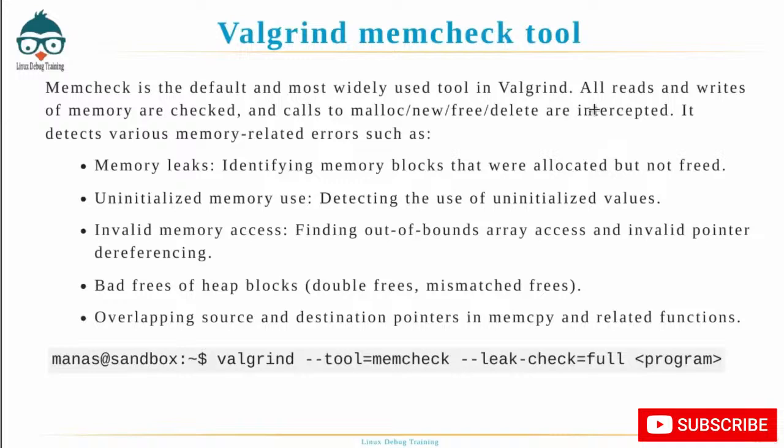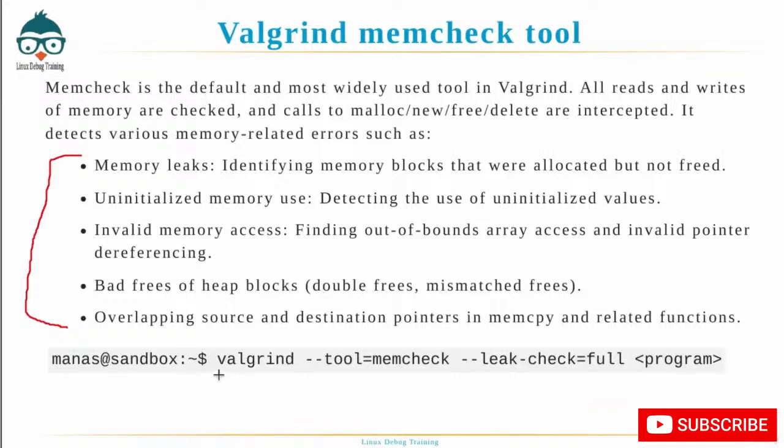It tracks all the read and write operations and helps us identify various memory related issues such as memory leak, by identifying the memory blocks that were allocated but not freed; uninitialized memory use, by detecting the use of uninitialized values; invalid memory access, by finding out of bound array access or invalid pointer dereferencing; bad free of heap blocks, which means double frees and mismatched frees; and overlapping source and destination pointers in memcpy and related functions. So we can figure out all these issues using Valgrind as a tool.